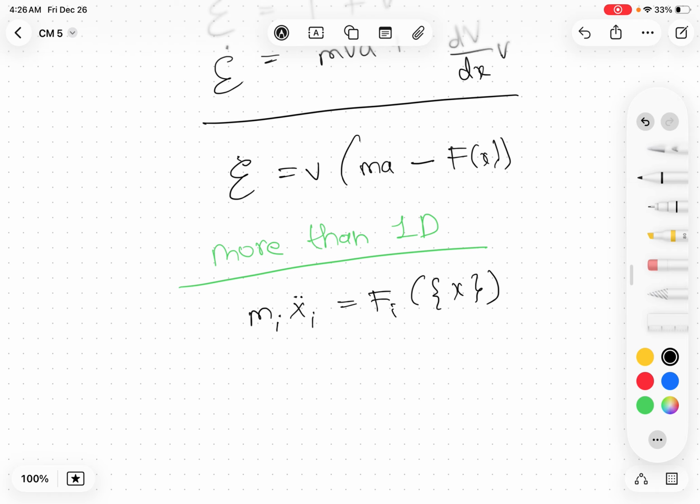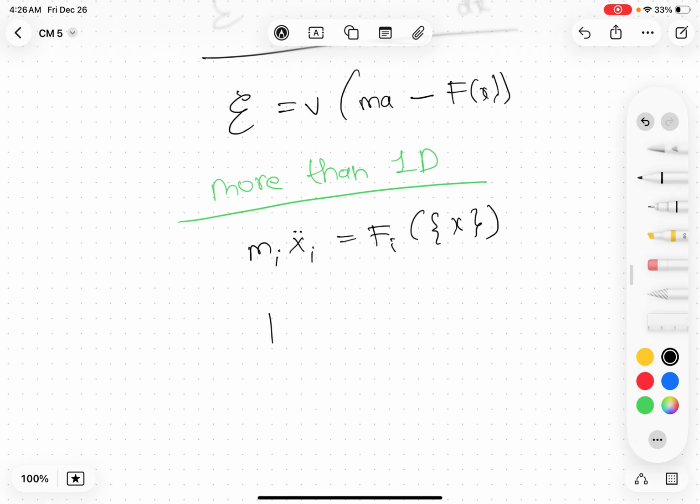And we also saw in the one-dimensional case that the force is minus the derivative of the potential. So if we were to extrapolate the force and the potential energy equations, we can write it like this. This is a partial derivative.